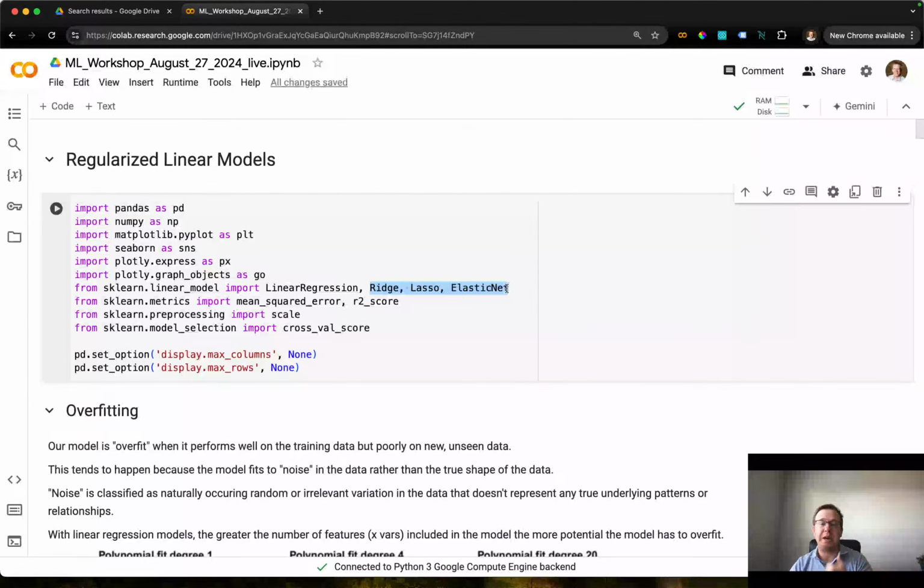Between using a regularized linear regression model and log normalizing our skewed variables, those two things are going to make our predictions a lot better. We'll go from being an average model on the Kaggle leaderboard to being in the top 10%, 8%, something like that, the 92nd percentile, with just these two things.